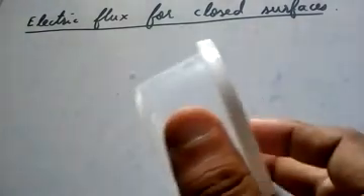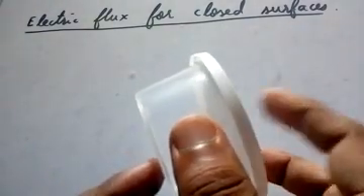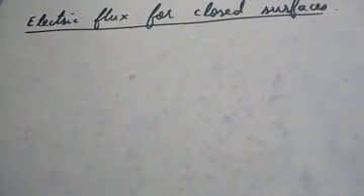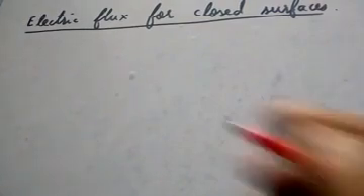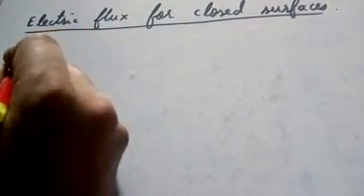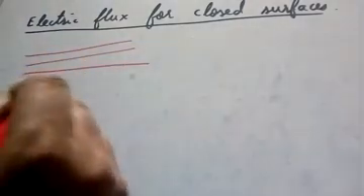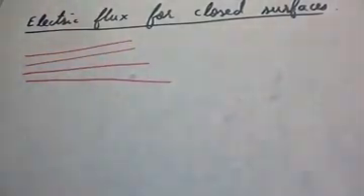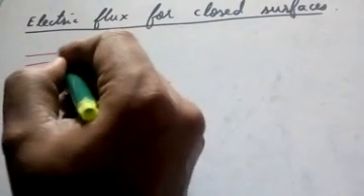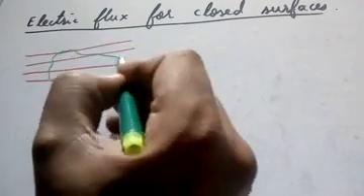So electric field can come from one side and it can leave from the other side. Let's draw a picture and see that. Let me draw a non-uniform electric field this way. This is a non-uniform electric field, and in this let me draw a surface here. This may be any random surface.